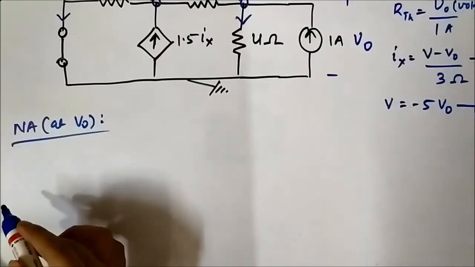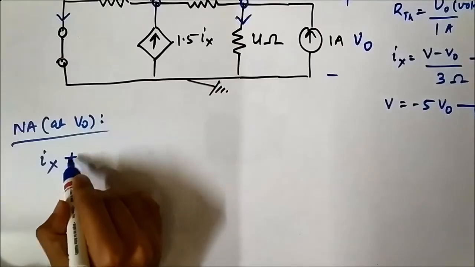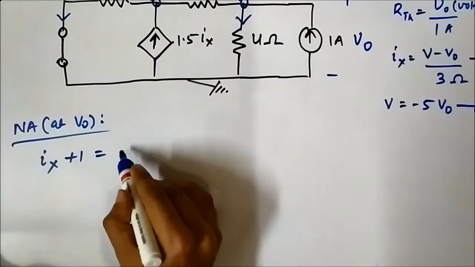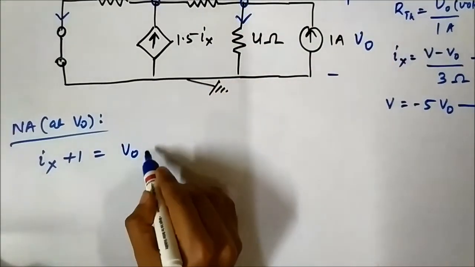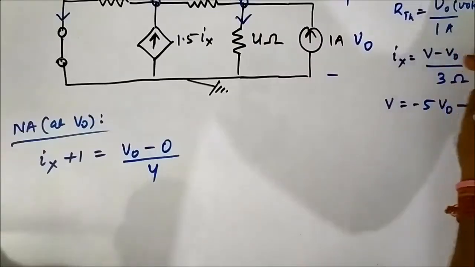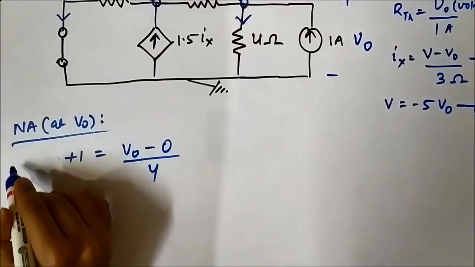So we can write Ix plus 1 is equal to this current, which is V0 minus ground potential, that is 0, by 4. Ix we can replace with (V minus V0) by 3.